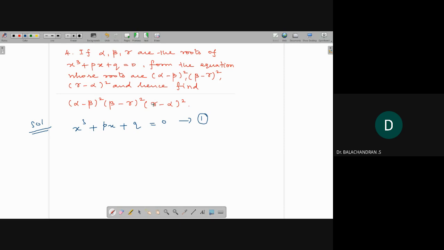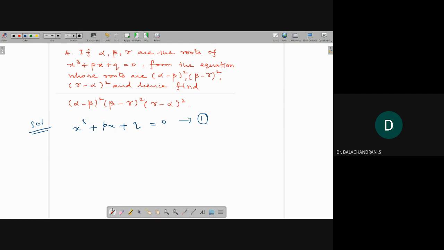For this, first I am going to form the equation whose roots are alpha minus beta whole square, beta minus gamma whole square, and gamma minus alpha whole square. Then S3 is the product of these three, and then you can easily find the value of this expression.